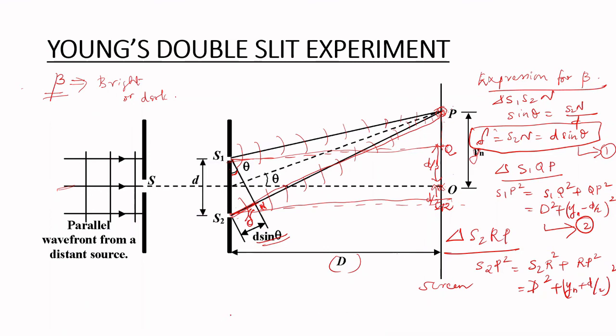Now we'll write S2P square minus S1P square, which is like a square minus b square, that is S2P minus S1P into S2P plus S1P. In that, S2P minus S1P is called delta. So we'll find out what is S2P minus S1P. So this is our equation number 3. This is 4.